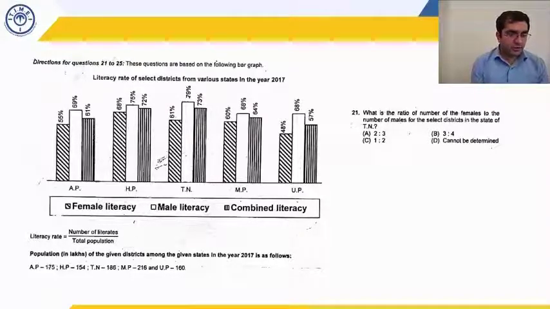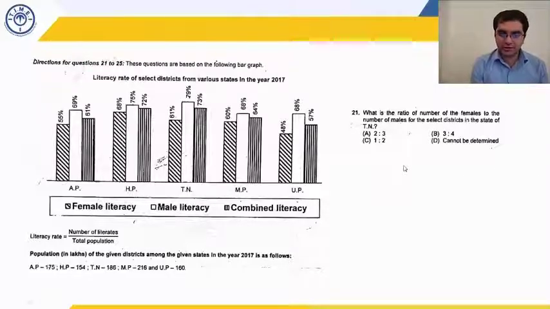Now, you are also given the total number of people in any particular state. And so you can find out all of these values. You can find out the number of males, the number of females, the literate males, literate females in any particular state. And we will see how and why and if that is required.